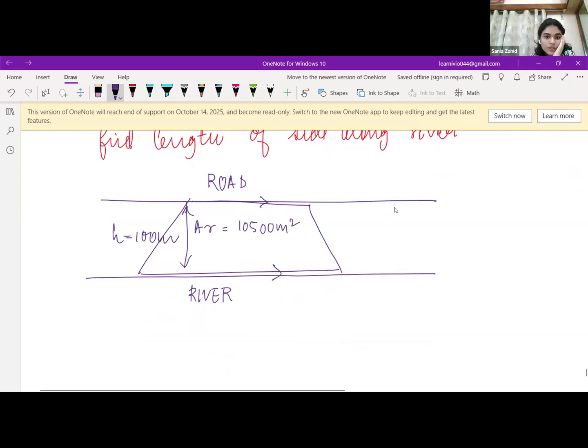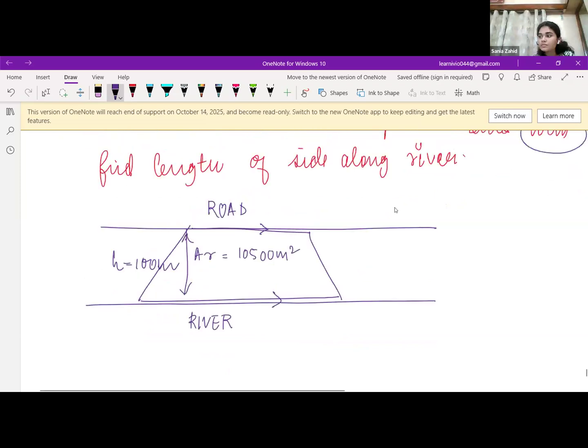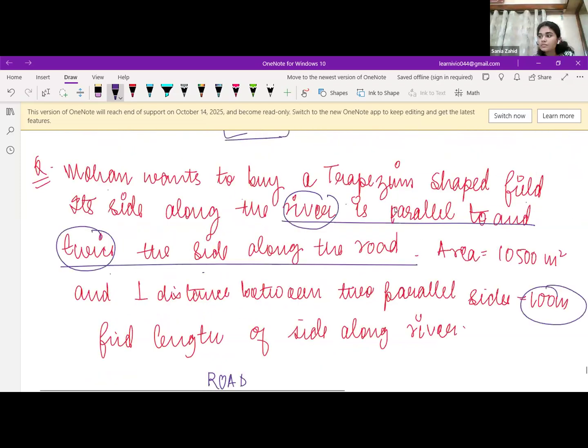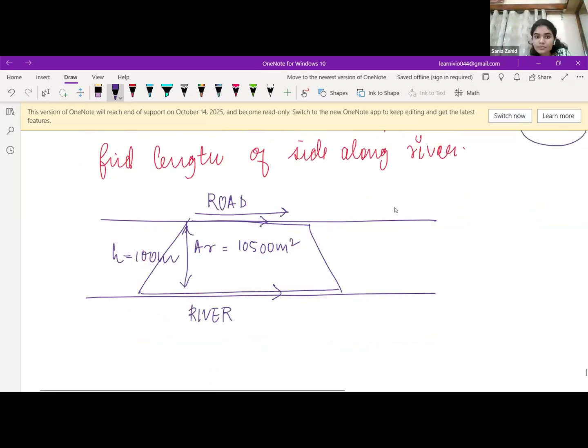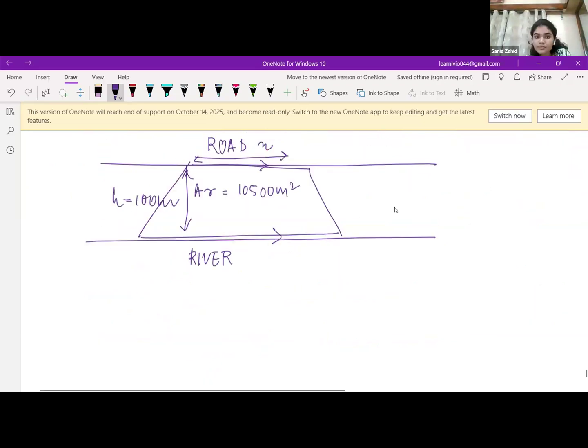Mom, can you scroll up? I want to see the question. Children, one more thing here is they keep telling you the side along the river is twice the side along the road. So if I consider that this side is x, what will this side become? This side is x.